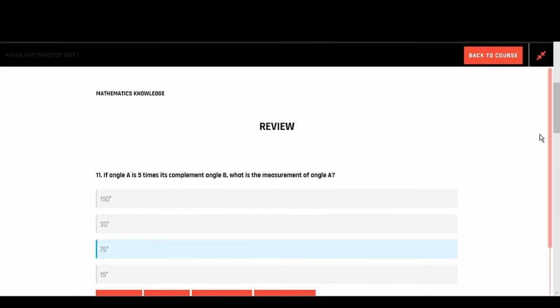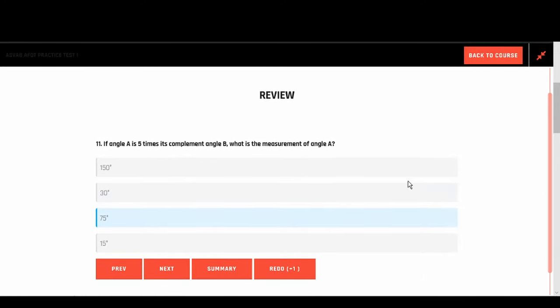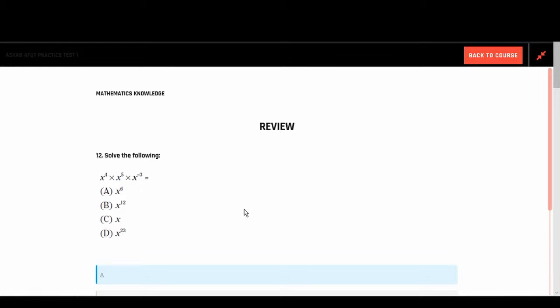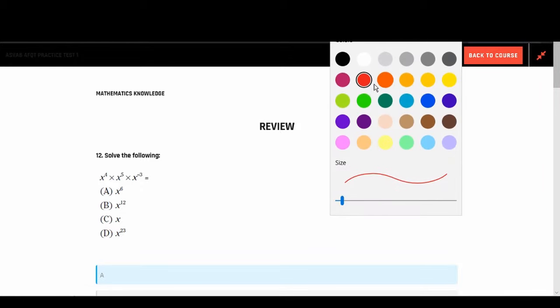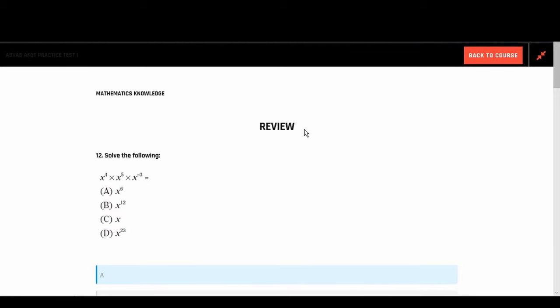Let's go ahead and move on to the next problem. Again, this is one of the easier practice tests on the website. Number 12 is testing your knowledge of the laws of exponents, specifically what you do when you multiply exponents together.